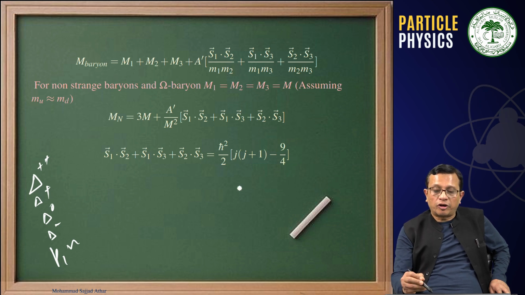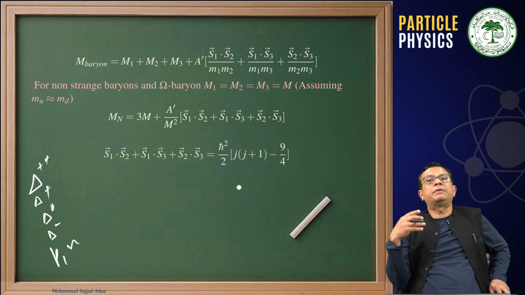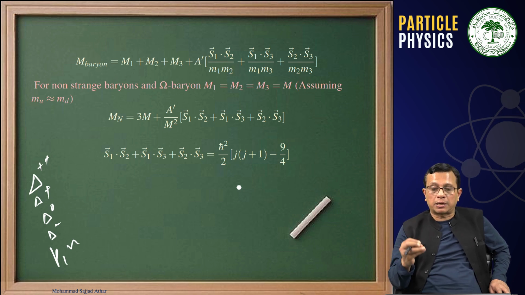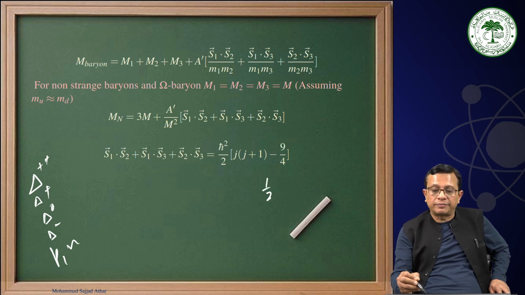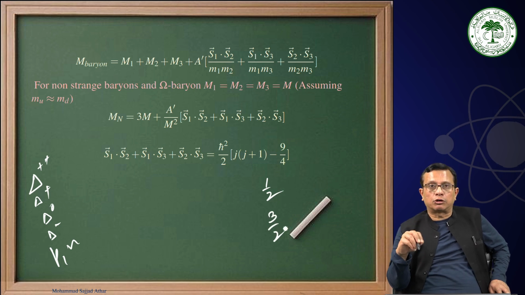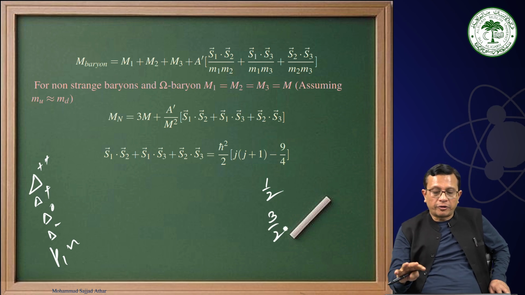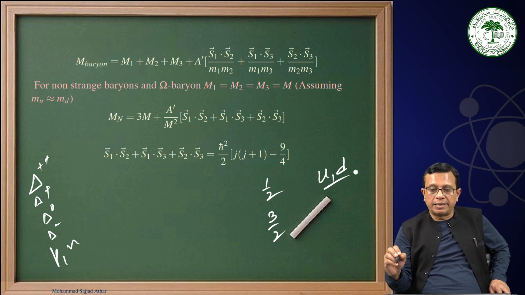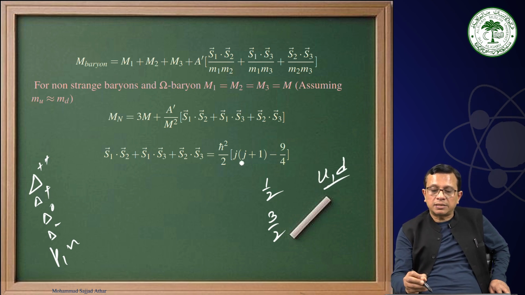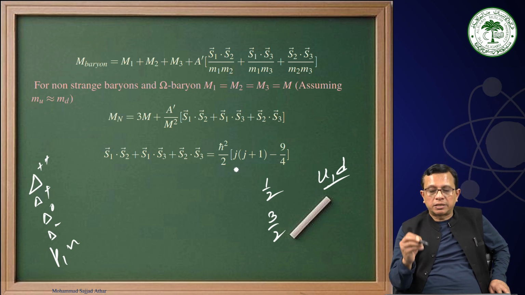Now you see, for nucleons, proton, neutron, or even lambda, sigma, cascade, J is half, while J is 3 by 2 for all the baryon decuplet. Therefore, for all the non-strange baryons where you have U and D, J will be half for the baryon octet, and J will be 3 by 2 for the baryon decuplet.